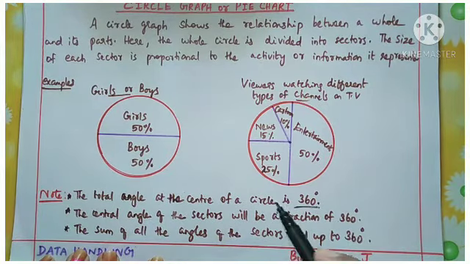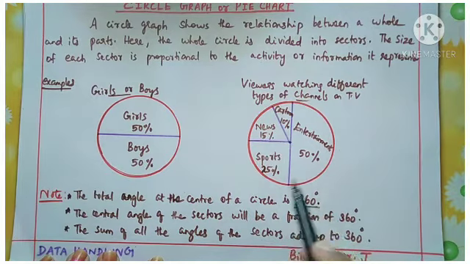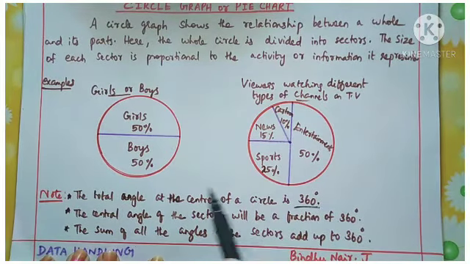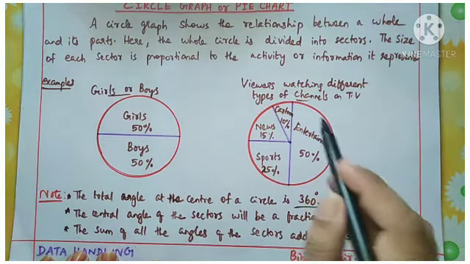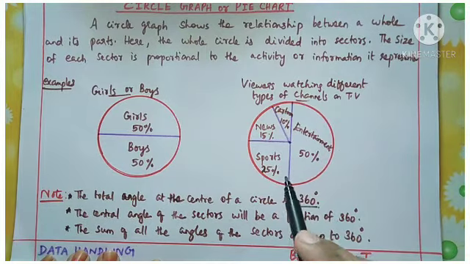So after finding the angle, we need to construct the pie chart. Okay, so when you do the problems, you will understand. Now the last point is the sum of all angles of the sectors add up to 360 degrees. So when we add all the angles of the sectors, that will give a total of 360 degrees.